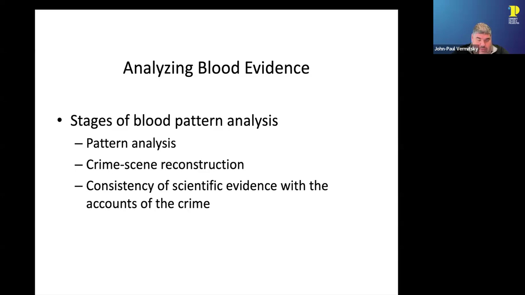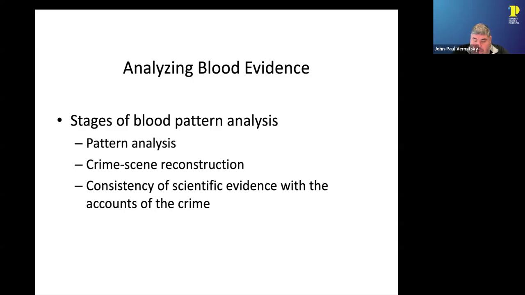So once you reconstruct the crime scene, then you want to make sure that you have consistency of the scientific evidence with the accounts of the crime. This will determine if there were any eyewitnesses that may have been present that could add some consistency to this.